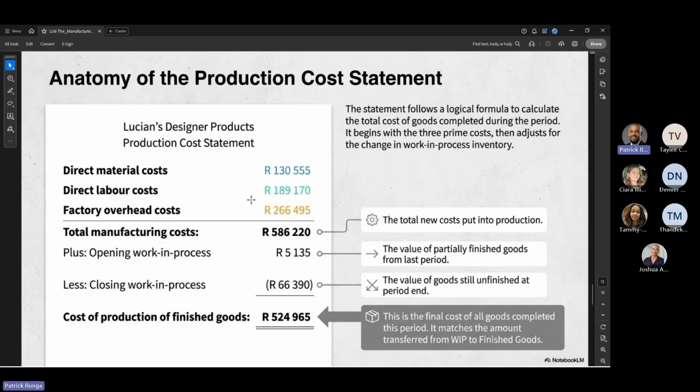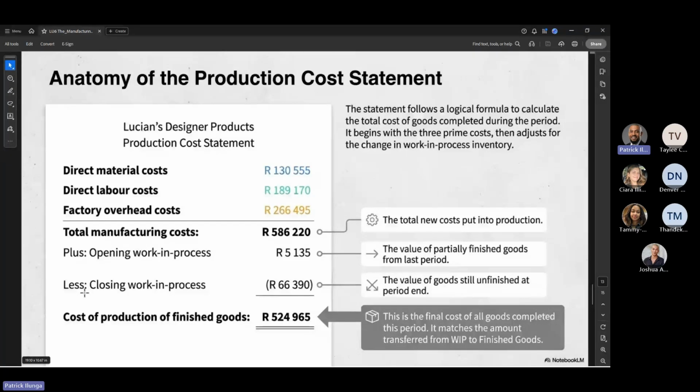You need to put them here. You have those totals here. You have the total manufacturing costs that you will obtain from adding them up together. But remember again, you always plus the opening balance and you always minus the closing balance.